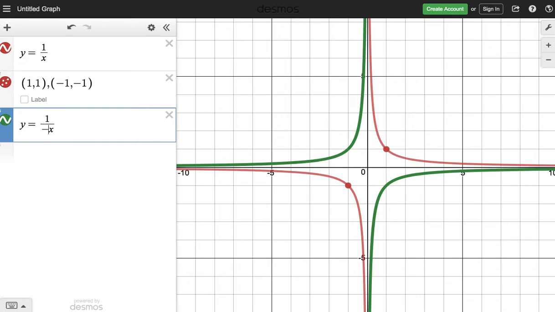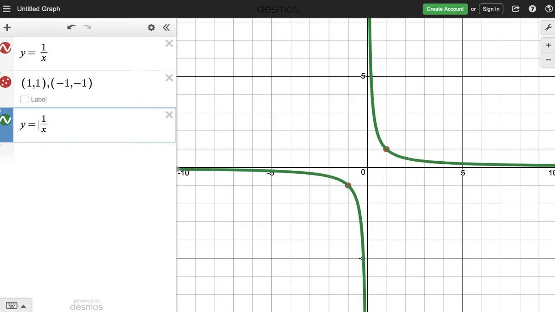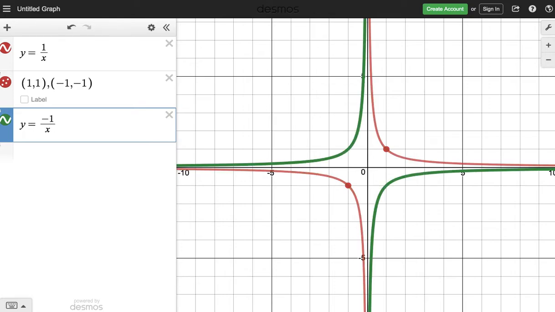So it doesn't really matter where you put the negative. You could even put it in the numerator if you want, and it still does that same thing. So the idea is you still have to translate first, move left, right, up, or down, but then if it's negative, it tells you what quadrant to graph in.